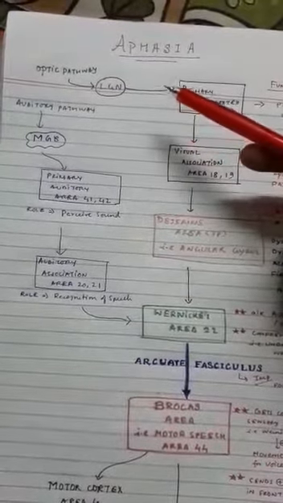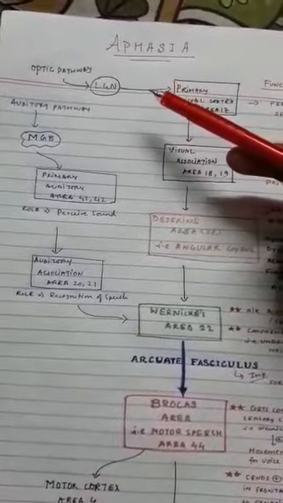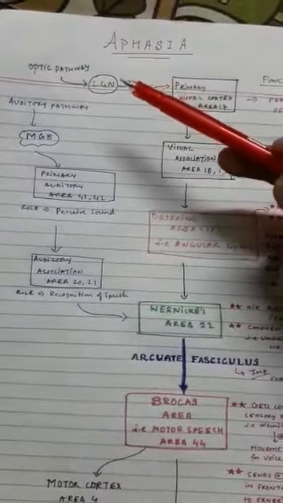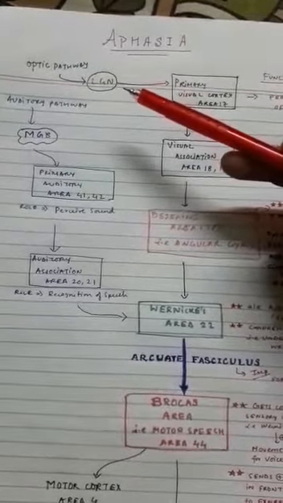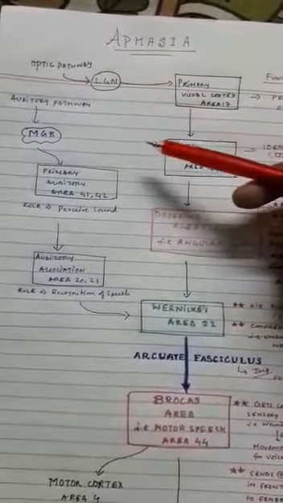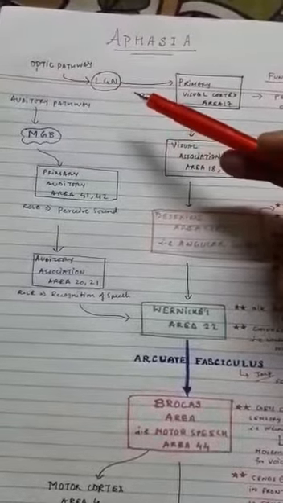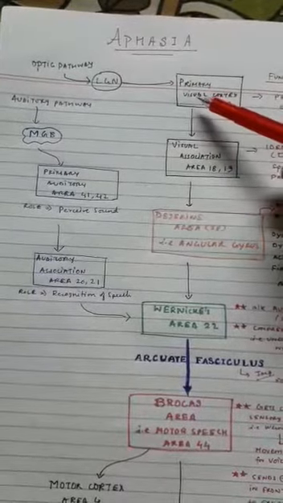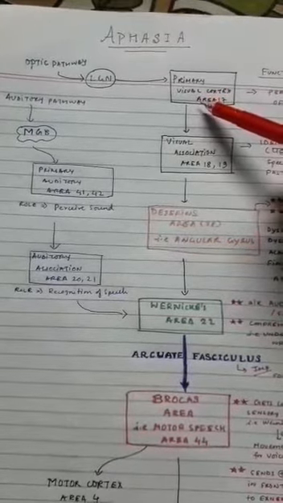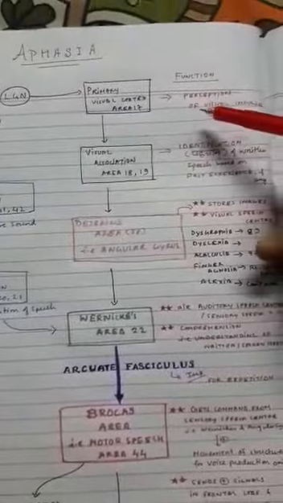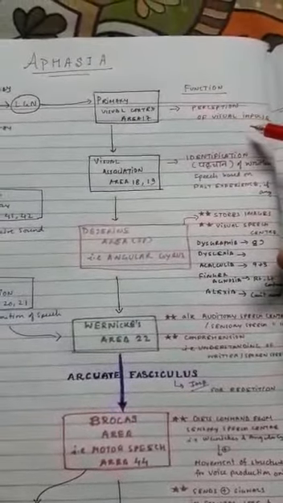In case of the written speech, the visual pathway comes from the retina, optic nerve, optic tract to the lateral geniculate nucleus, and then from there it reaches the primary visual cortex, area 17, whose main function is perception of the visual impulse.